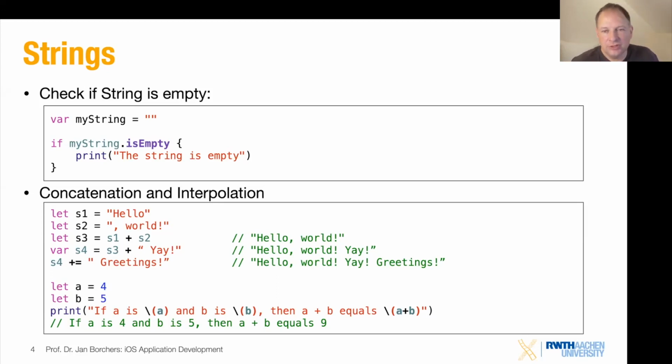Below that, you see something that we already hinted at in our slides yesterday, sorry. You can see that we can insert the values of expressions into print statement strings by simply using this backslash and round parentheses.